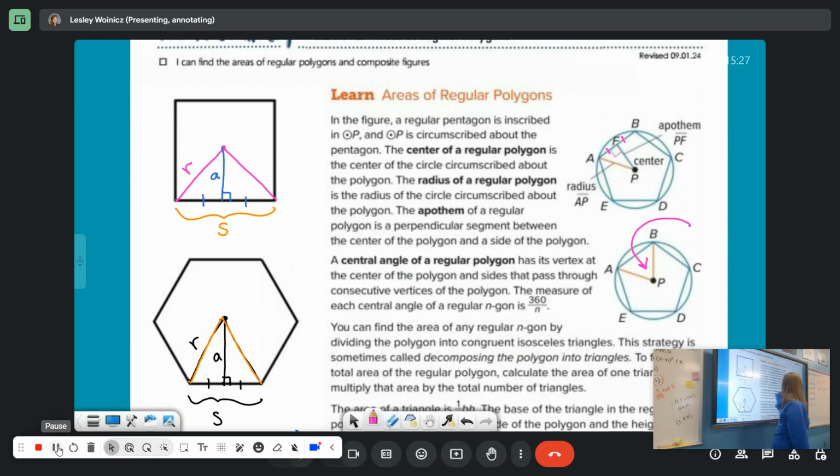But what if I only went 1/5 of the way? Because I have 1, 2, 3, 4, 5 of those cute little triangles. So I'm going to take my 360 and divide it by 5, which also is my n, my number of sides, and I get 72 degrees.